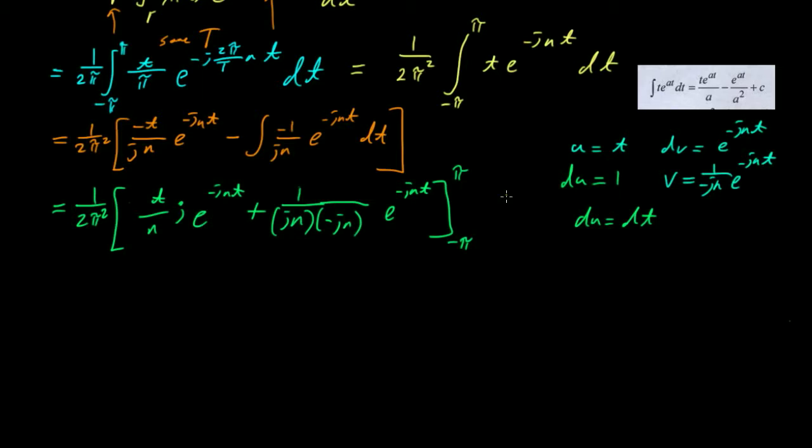It's the tabular method, but I don't remember it. It's been a while since I took that calc class, in 2002. So I do the good old fashioned uv minus integral of v du, because the less calculus I have to do, the better.